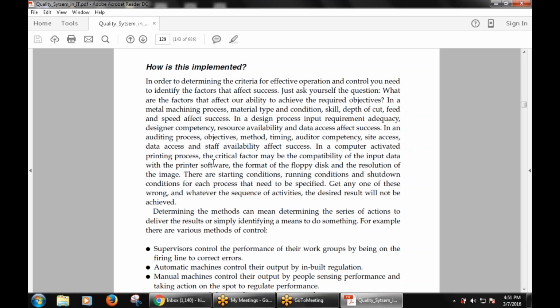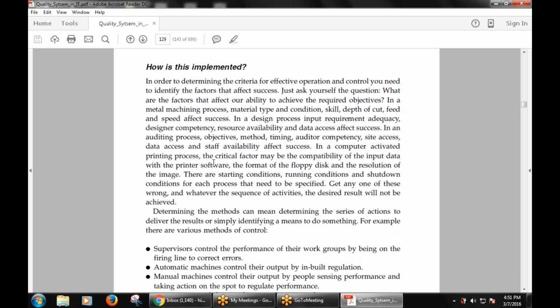What are the various factors that affect the success? Just ask yourself the question: what are the factors that affect our ability to achieve the required objectives? That is one of the questions.